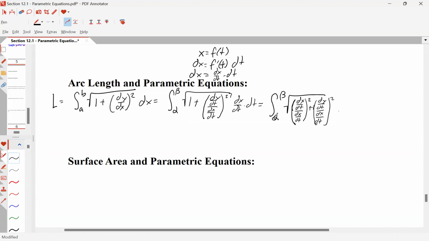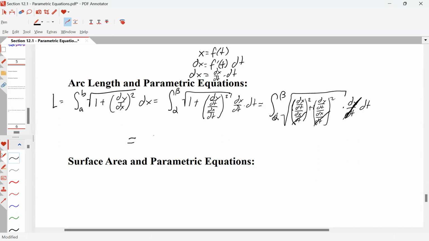That is all times dx/dt dt. And what we have under the square root, it's a really big square root, but that denominator is (dx/dt) squared, which the square root of (dx/dt) squared is dx/dt, meaning these denominators cancel with this dx/dt that's out front, or out at the end in this case.